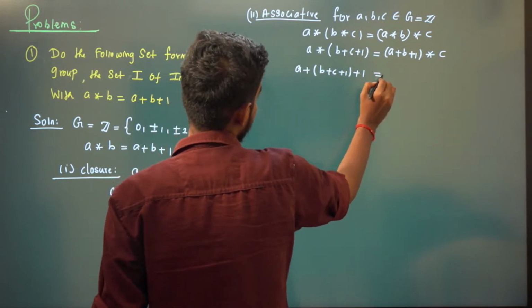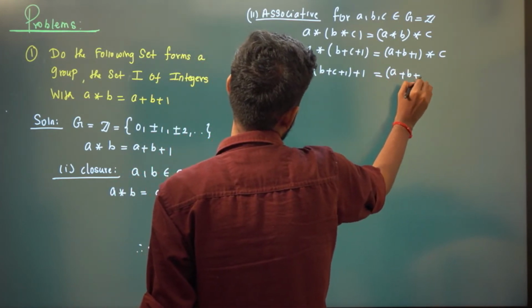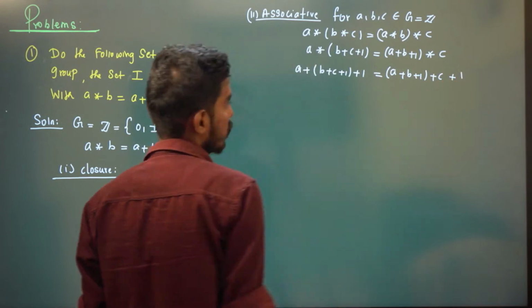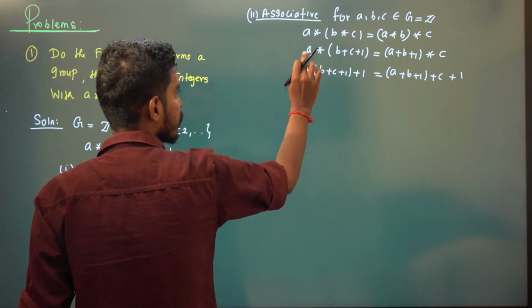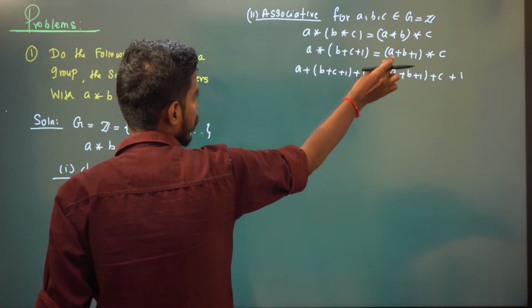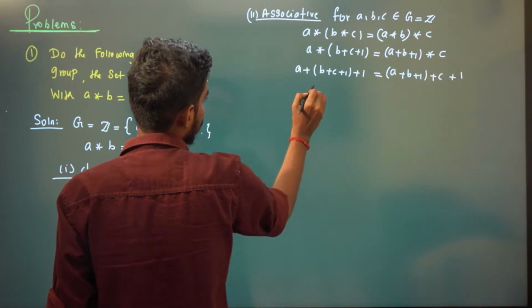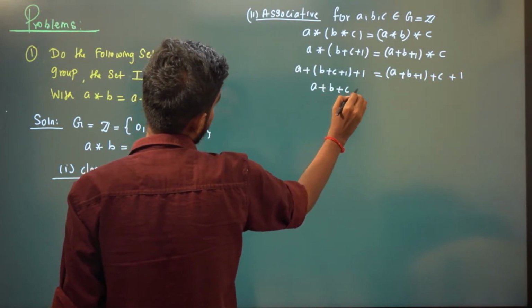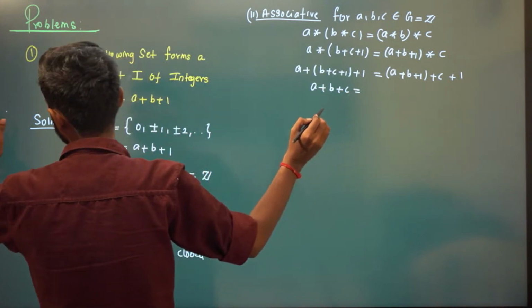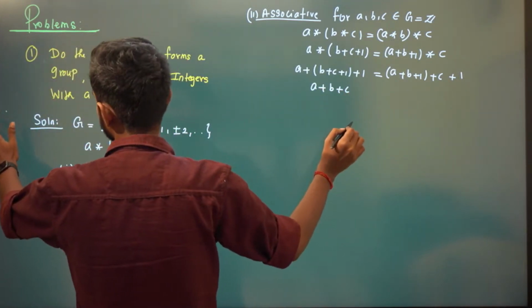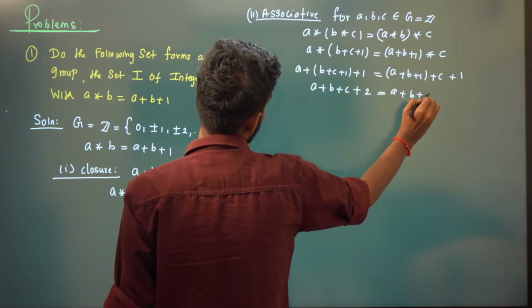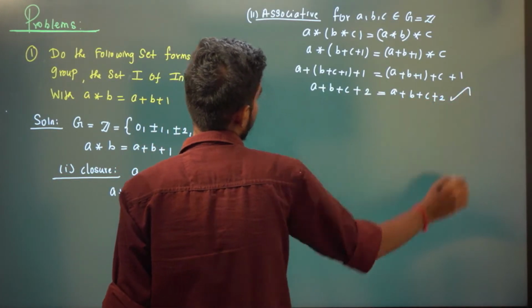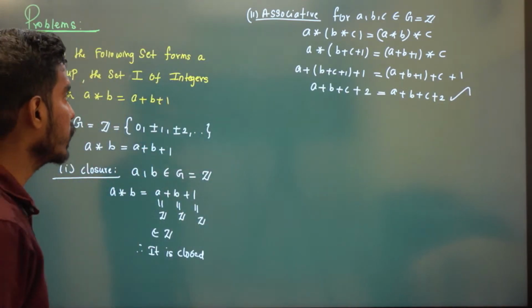Now what is this plus this star this? So A plus B plus 1 plus C plus 1. See, whenever you are operating two elements, first element plus second element plus 1. You are operating two elements here. First element plus second element plus 1. So this is the same as A plus B plus C plus 2. This is the same as A plus B plus C plus 2. So they are associative. They are equal only.